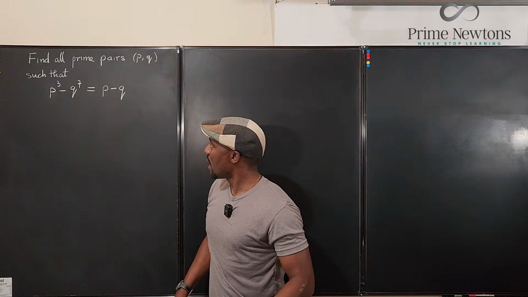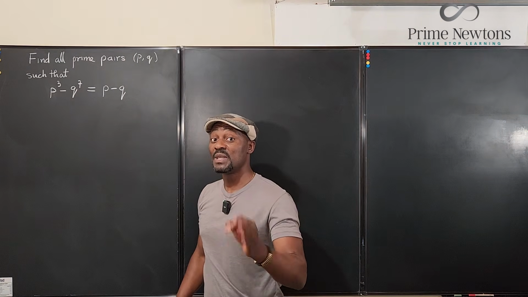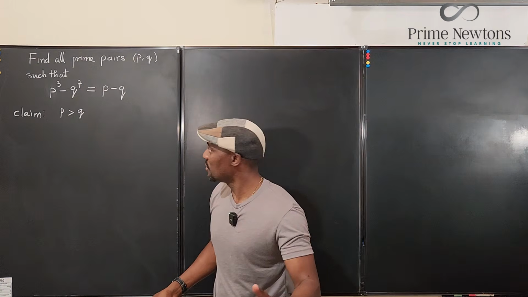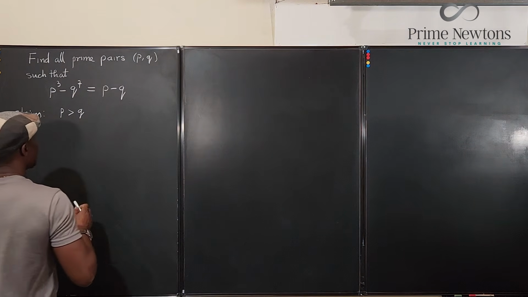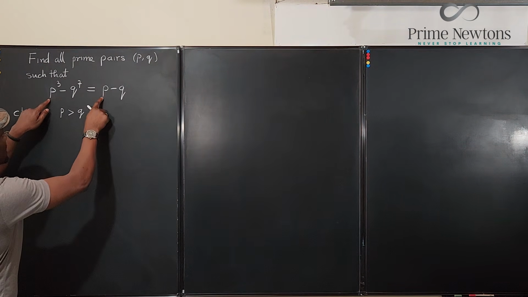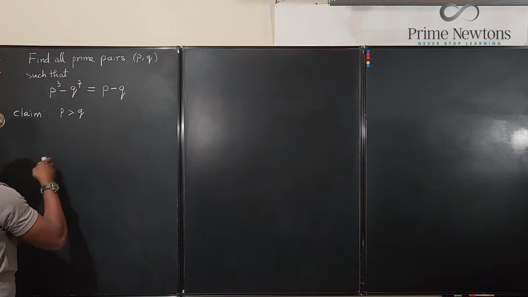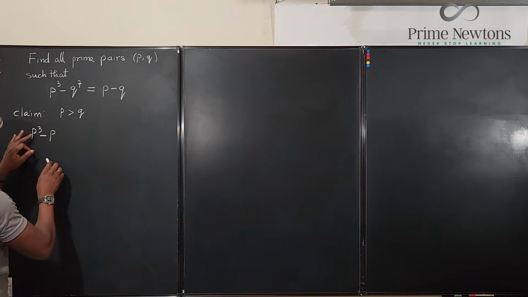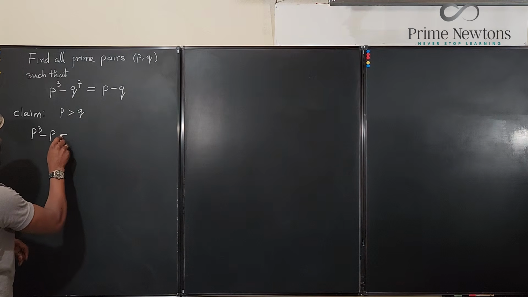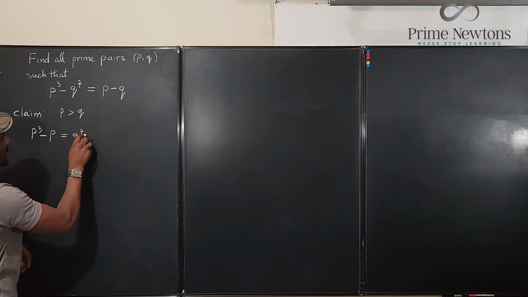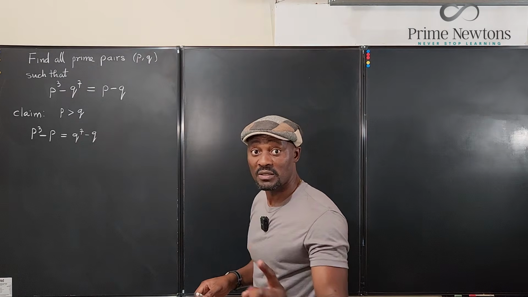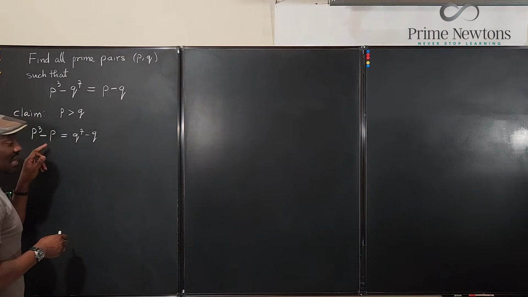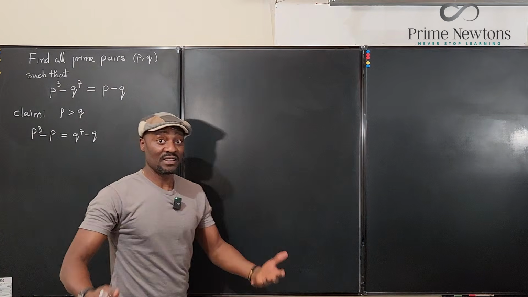Now, I also claimed that P must be greater than Q. Is that true? Well, see what I'm going to do. I'm going to move P here, so I have P cubed minus P equals Q to the seventh minus Q. But one thing I know is that because P is prime, P is greater than 1.